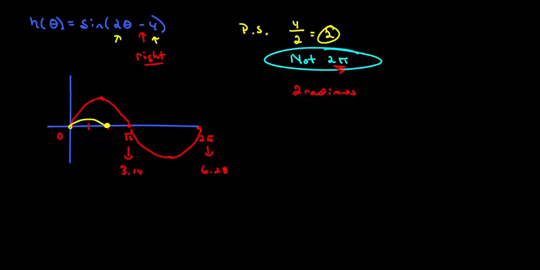What we also have going on, there's two things we've got going on. Normally, this would move 4 radians over, but because there's the 2, we've got this horizontal compression, so we moved this point from here back to here at just 2 radians.